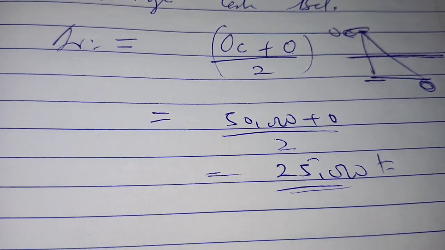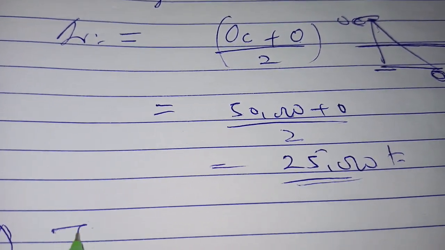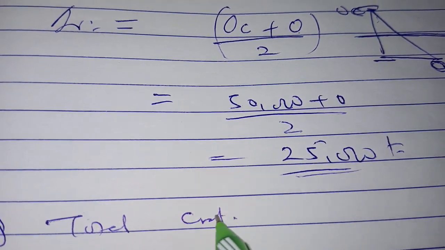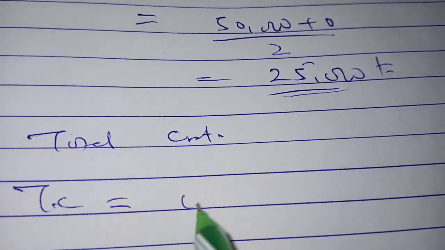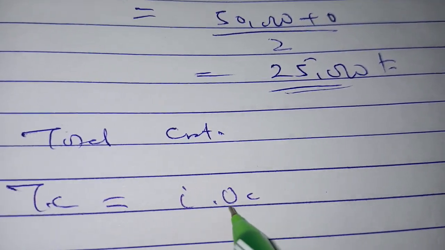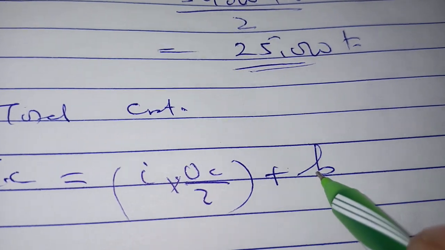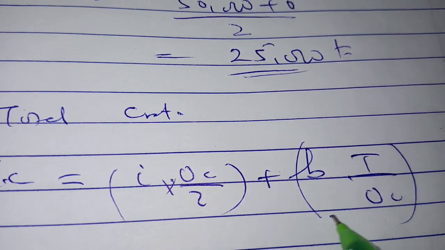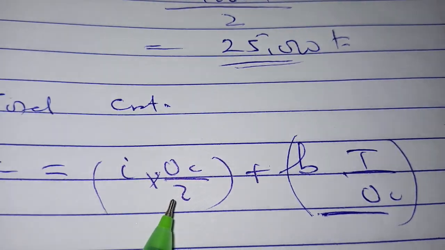Finally, number 4 is asking for the total cost of maintaining the cash balance. Therefore, we say TC is given as I times OC divided by 2, then we add B times T over OC. This is the cost of holding the cash, and this is the cost of transferring.